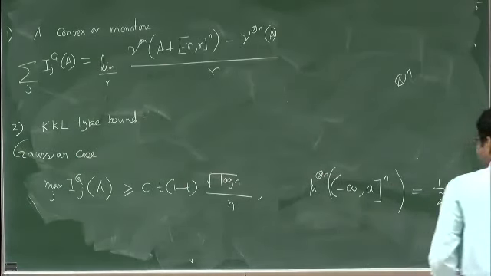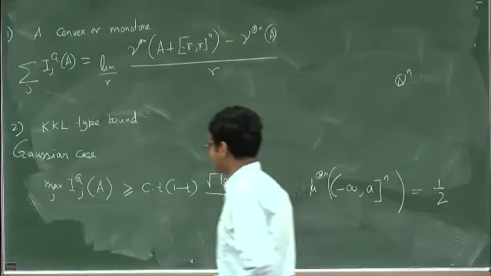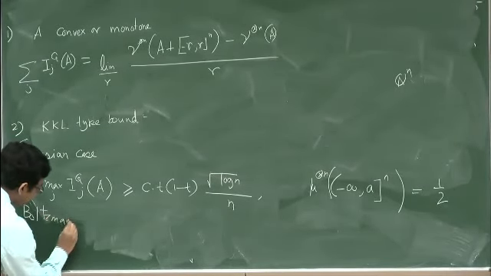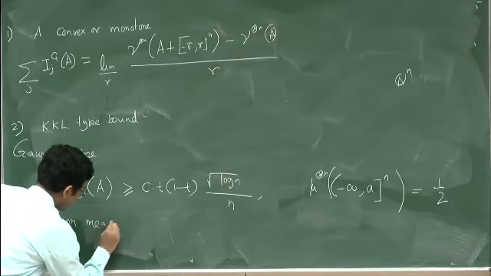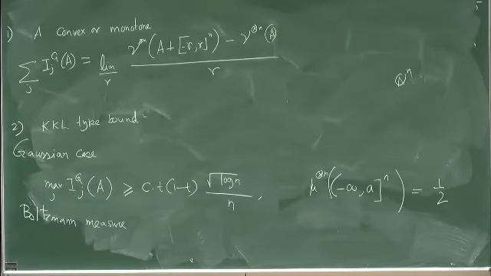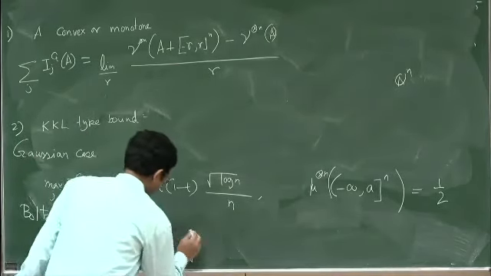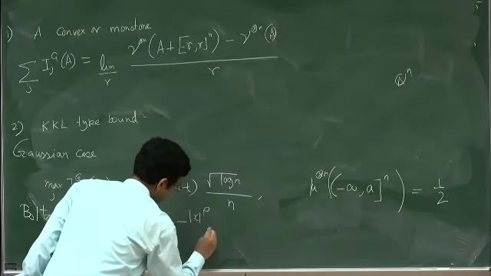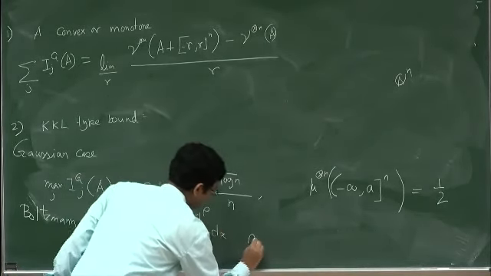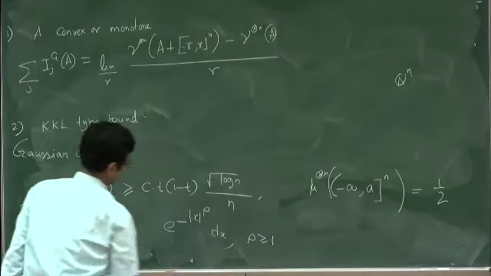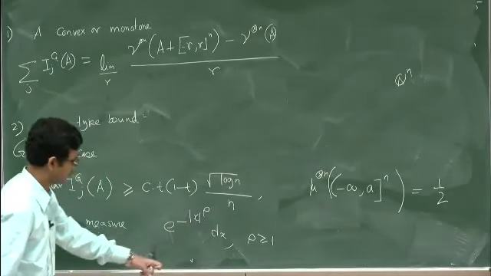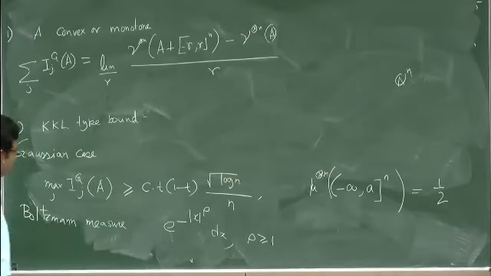One can also extend this Gaussian case to the case of Boltzmann measure. The Boltzmann measure has density like e to the power minus |x|^rho dx, where rho is greater than or equal to 1. For rho equal to 1 we get the two-sided exponential, for rho equal to 2 we get Gaussian, and so on.